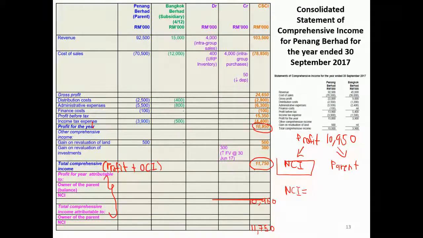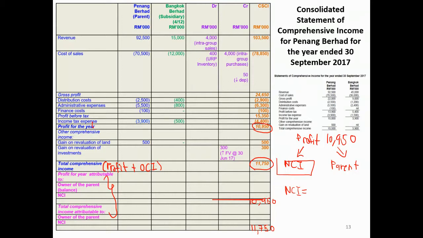Profit for the year times 4/12? Okay, if you are not sure, maybe some of you are quite shy here. Yiya said profit for the year in sub C times 4/12 times 20%. You are correct also, Yiya, but also partially correct. Let me show you what you must do.